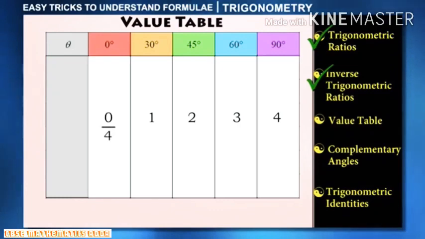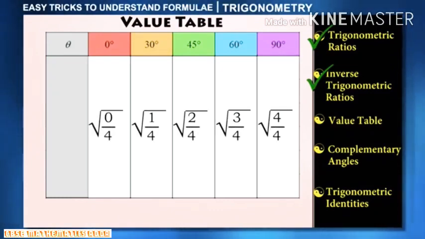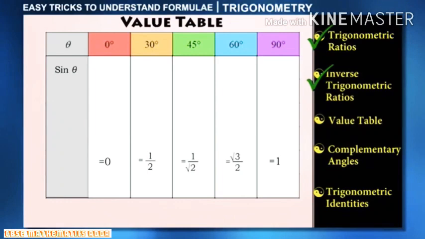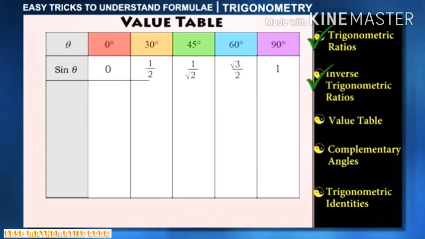Now divide each of them by 4, then take the square root. And this is the value for our very first trigonometric ratio, sine. We read it as sine 0 is 0, sine 30 is half, and so on.